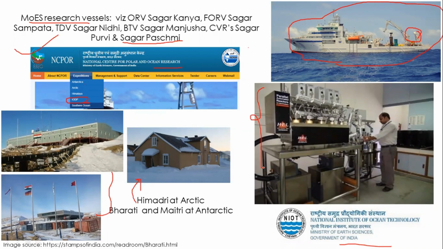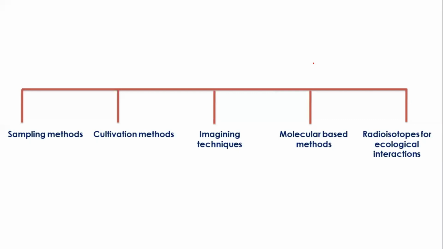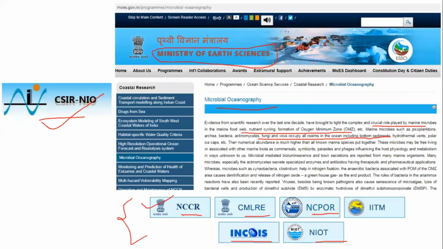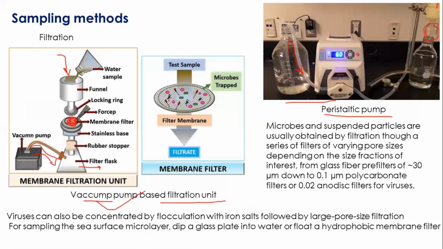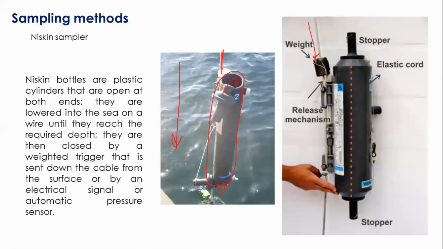I thought it is a very interesting piece of information to give you guys, to know that we do have the facilities to perform deep sea microbiology and polar microbiology in extreme conditions, and also the possibility to collect water and sediments through these research vessels in India, right? So we have covered the sampling strategies or sampling methods for marine microbiology.